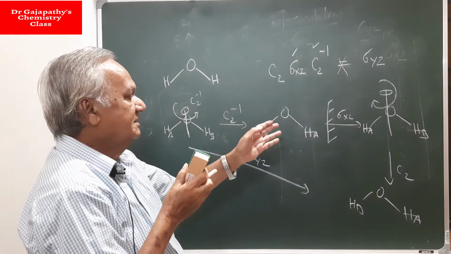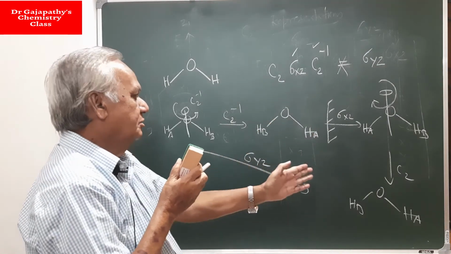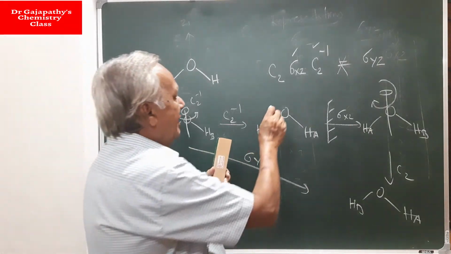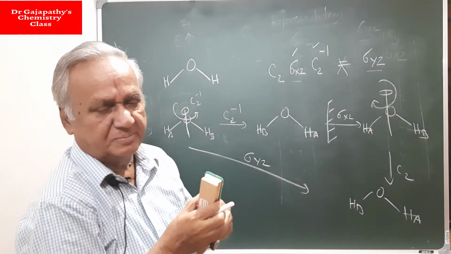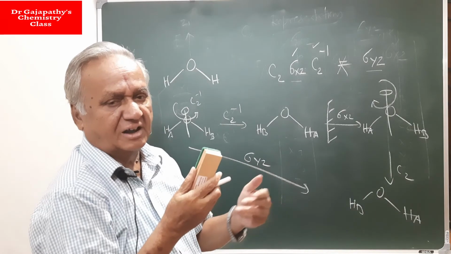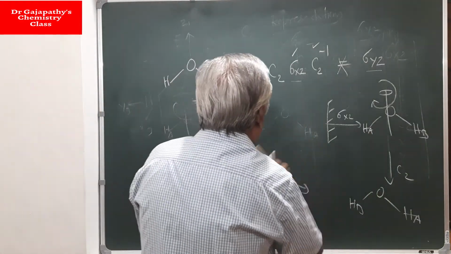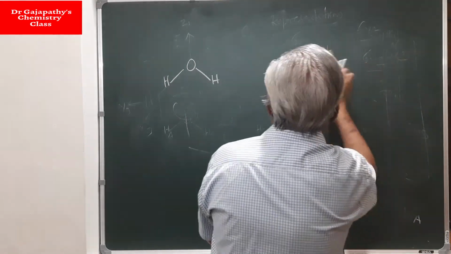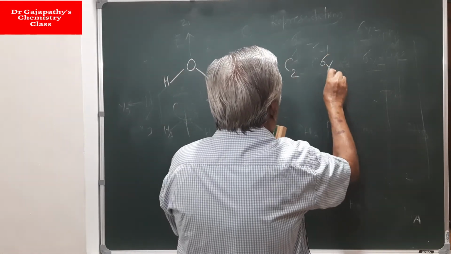C2 inverse sigma xz C2 is not equal to sigma yz. So the conclusion is sigma xz and sigma yz are not conjugate to each other. They don't belong to the same class. They belong to different classes. So in the case of the water molecule, there are 4 operations, and the 4 operations are E, C2, sigma xz and sigma yz.